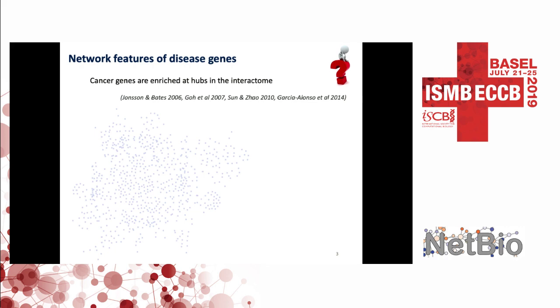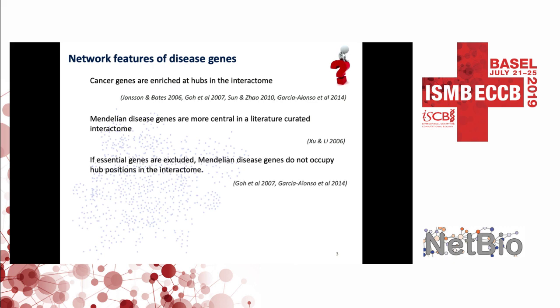For other types of disease genes, the evidence is not so clear. For instance, Mendelian disease genes were found to be enriched at hubs in a literature-curated interactome, but if you remove from this set the ones that are essential for survival of the organism, they are no longer occupying central positions in the interactome.